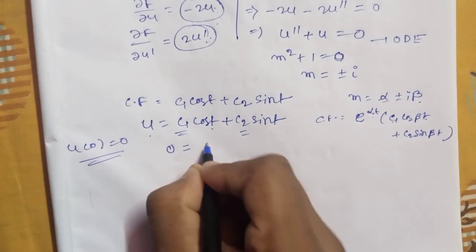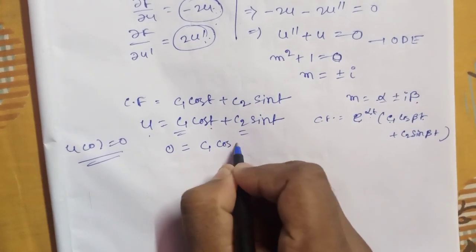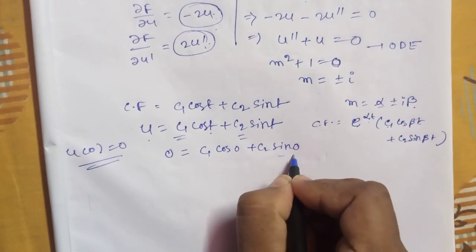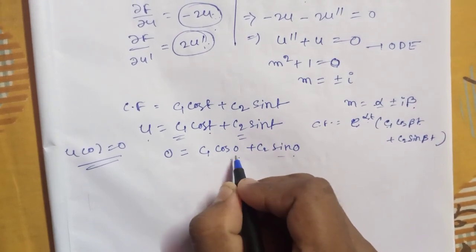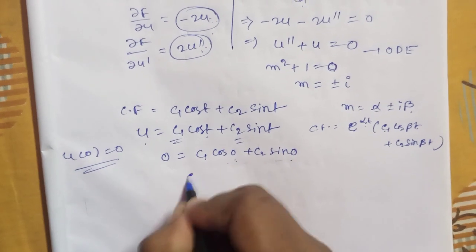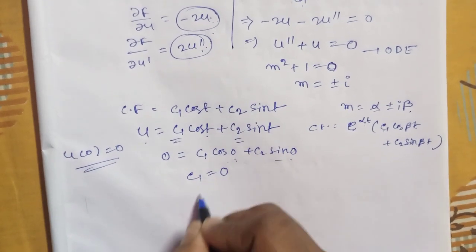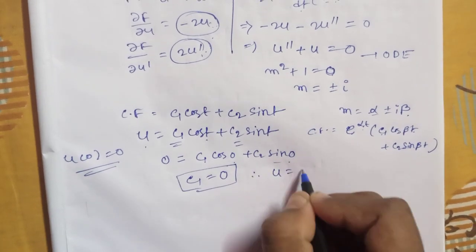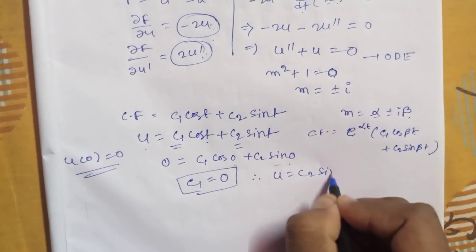That is, C1 cos 0 plus C2 sin 0, and sin 0 is 0, cos 0 is 1. So we'll get C1 equal to 0, right? That is u equal to C2 sin t.